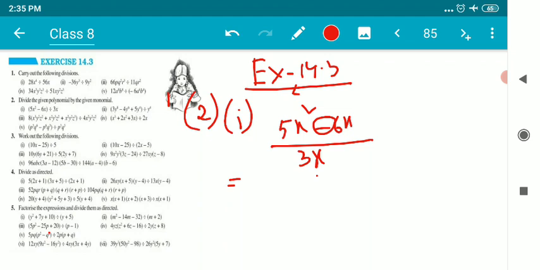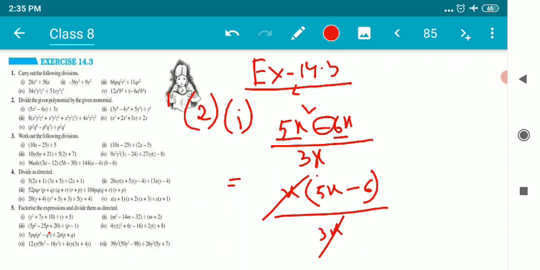What can be done is that from 5x square and 6x, 1x can be taken common. From 5x square, 1x is taken away, so only 5x will be left, minus from 6x, 1x is taken away, so only 6 will be left, and below I have 3x. Now this x and this x can be cancelled because it's outside and there is multiplication.